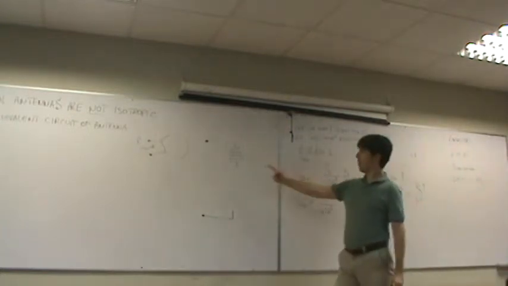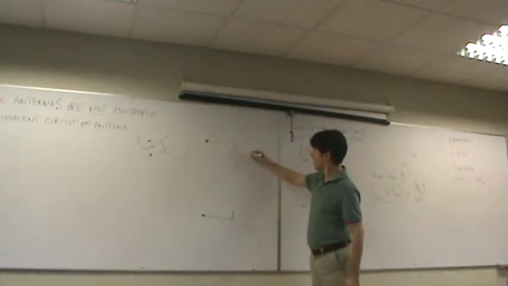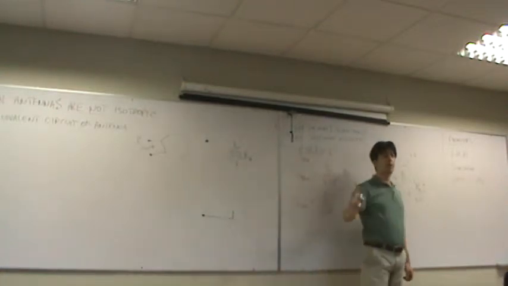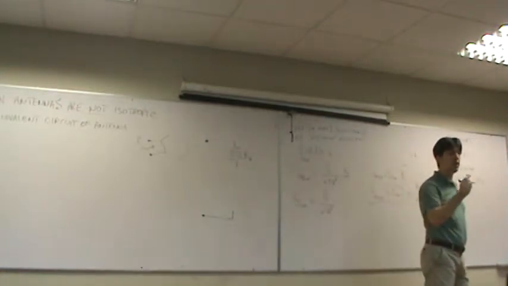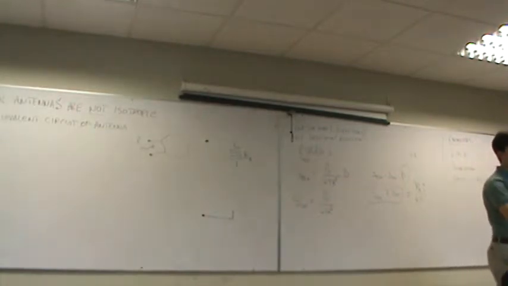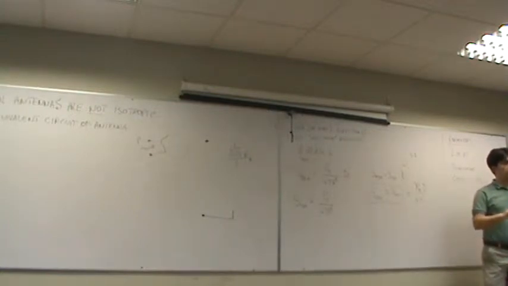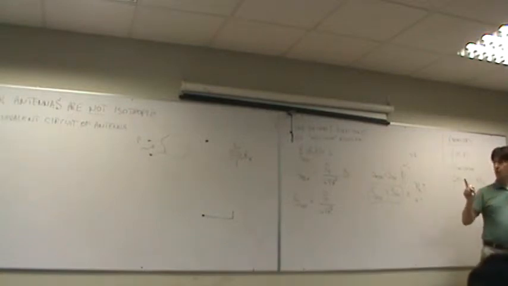So this component is a resistance, and it is something that describes the radiation. It's not a real resistance. You cannot measure it with a tester, with a multimeter. It's something that appears only when the antenna is radiating.